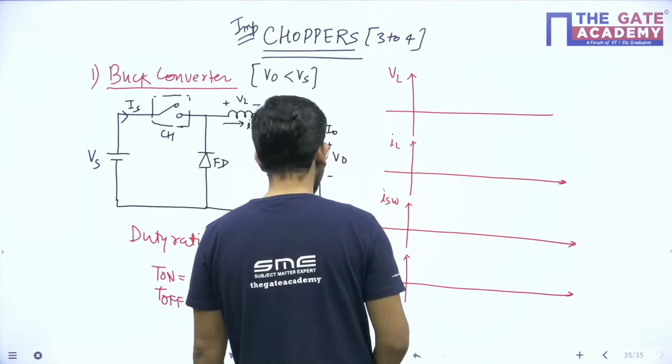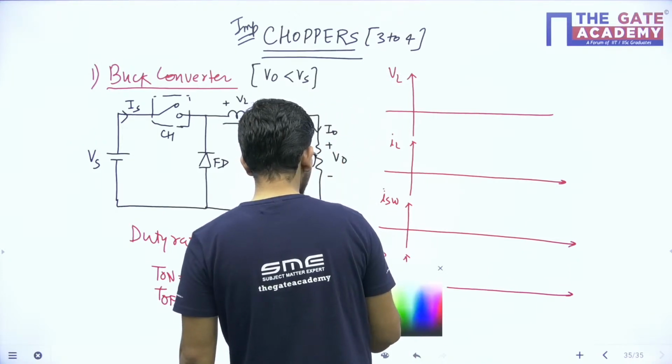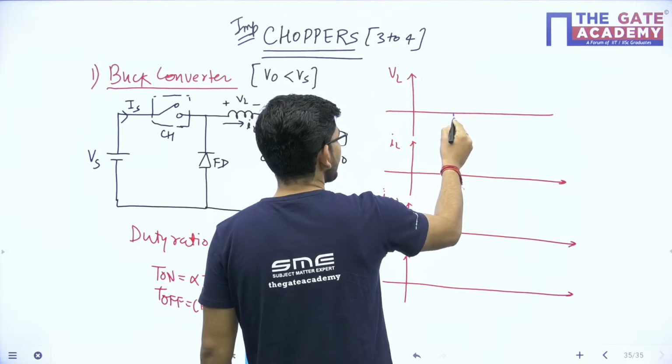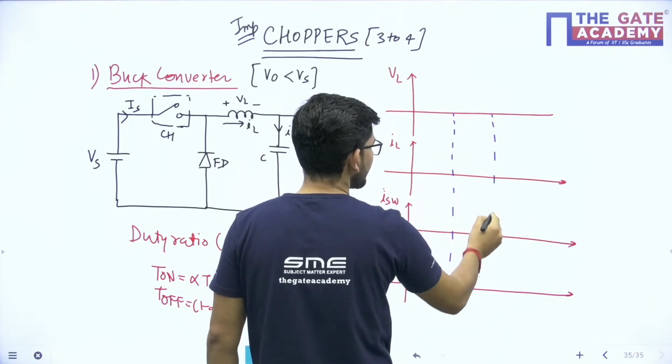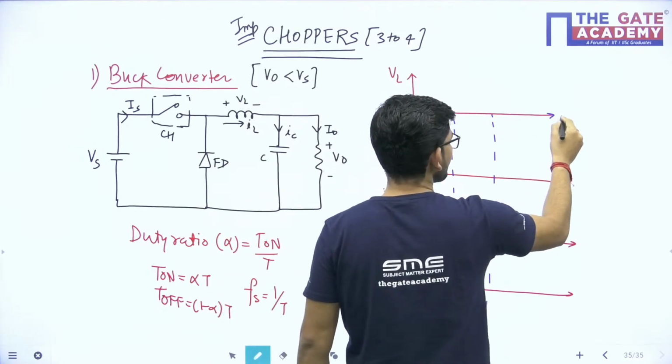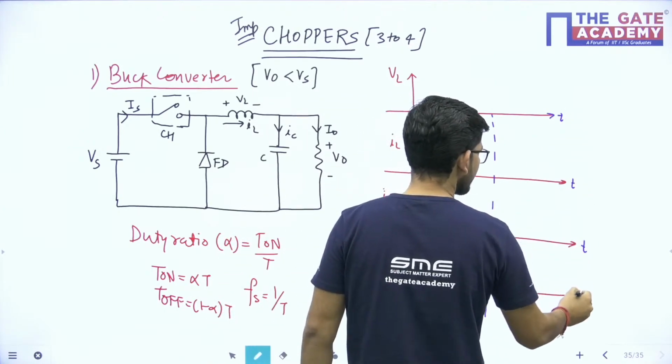Okay, these all are the things that we have to calculate. So let me draw these waveforms and we will discuss them one by one. So this is the time axis that we have.